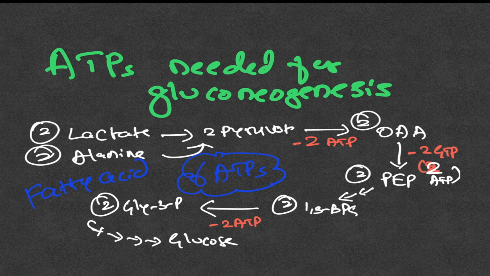Remember that. The gluconeogenesis process is supported by fatty acid oxidation, particularly beta oxidation. The beta oxidation of fatty acids is the energy source for the ATPs that are needed for the gluconeogenesis process.